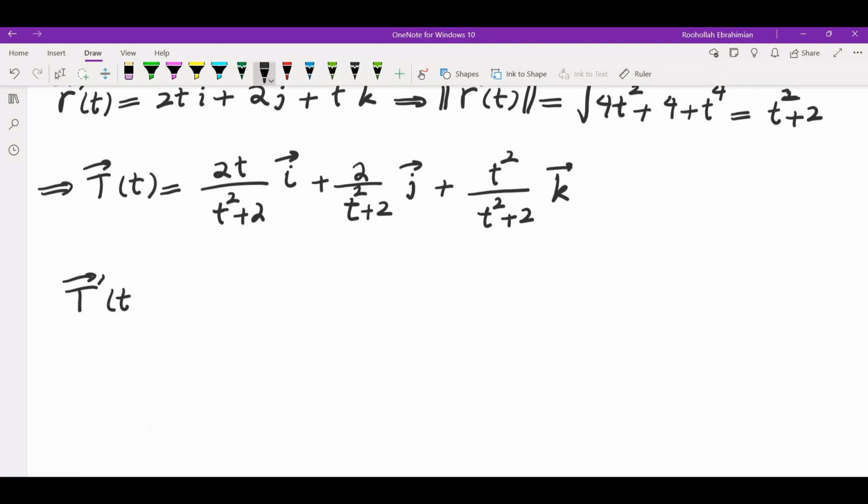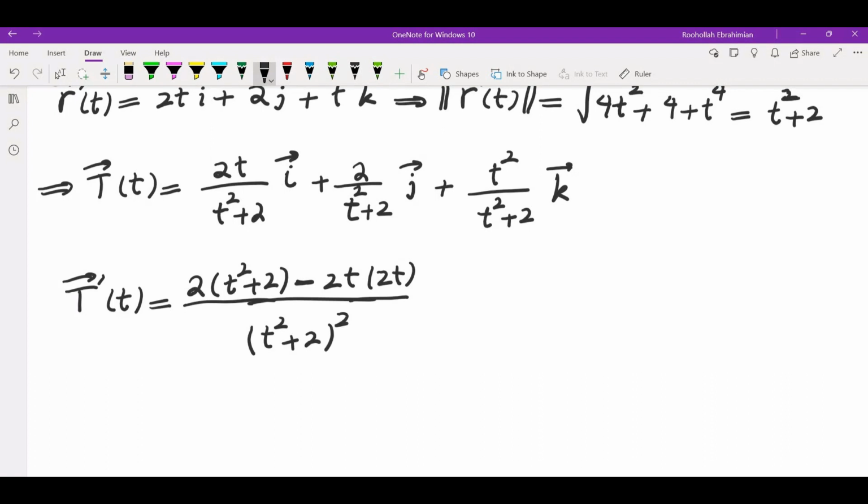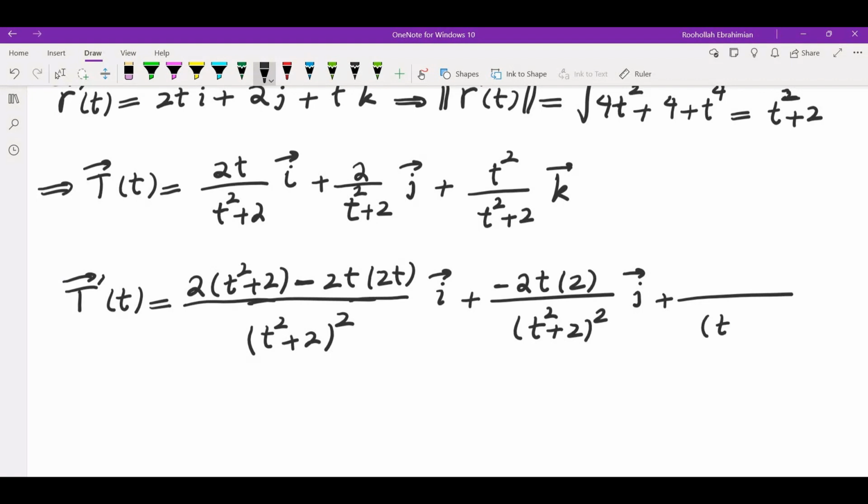So let's do that. We take the derivative of this. This would get a little bit messy. So the derivative of the numerator is 2 times the denominator, minus the derivative of the denominator 2t times the numerator, divided by the denominator squared, i, plus the derivative of the numerator times the denominator, that's just 0, minus the derivative of the denominator times the numerator, over the denominator squared, j, plus something similar again, the derivative of the numerator, which is 2t times the denominator, minus the derivative of the denominator times the numerator, all of that k.